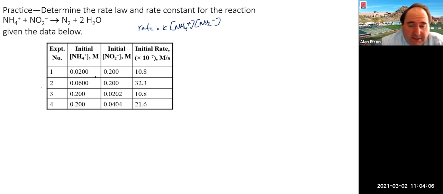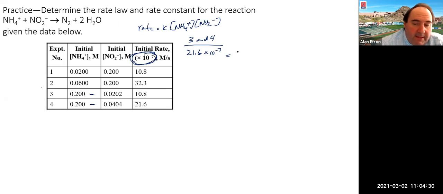Looks like this one and this one will keep these the same, so we'll go with 3 and 4 as the choice I chose, and go with number 4 up on top. That's going to be 21.6 times 10 to the minus 7 equals, and by the way, don't forget the times 10 to the minus 7 that's in the actual table. That's going to be our K times 0.2 to the X and 0.0404 to the Y.